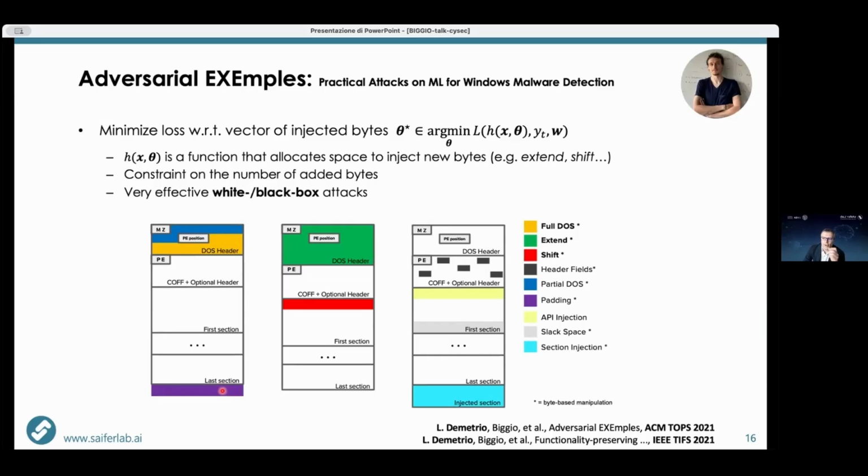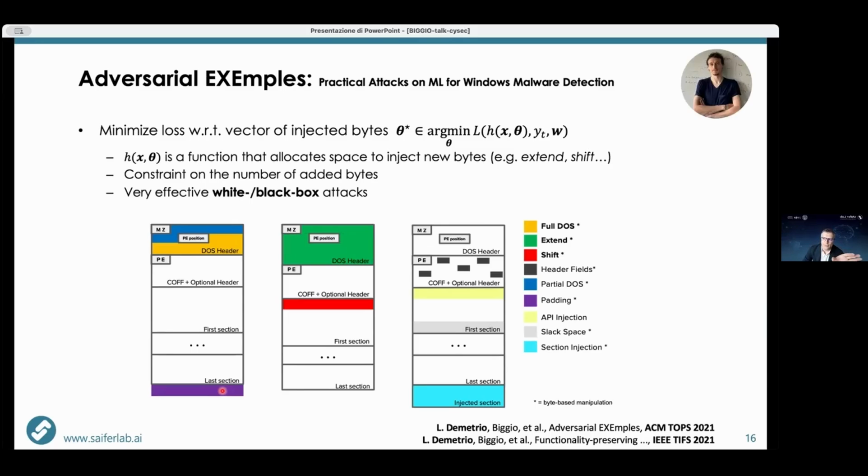So you have all of this space in the executable that you can inject or modify whatever you want. And this led us to develop much more effective attacks that can fool MalConv and other similar deep learning architectures for this kind of problem rather easily.